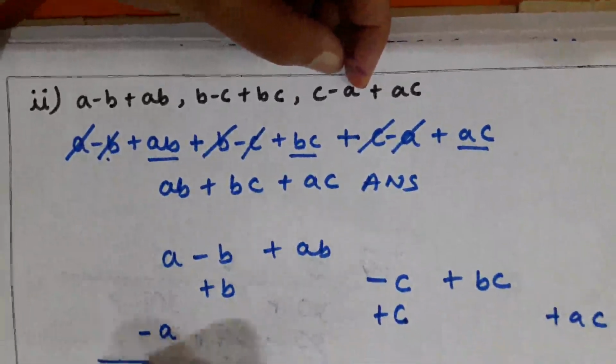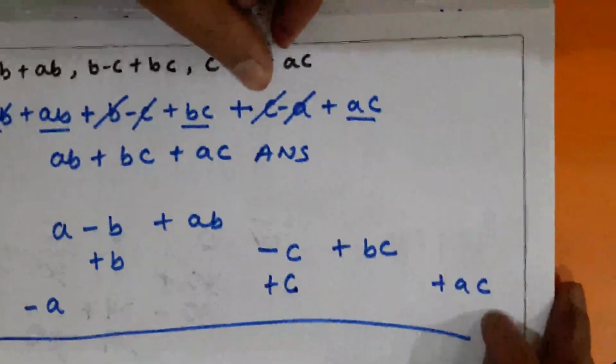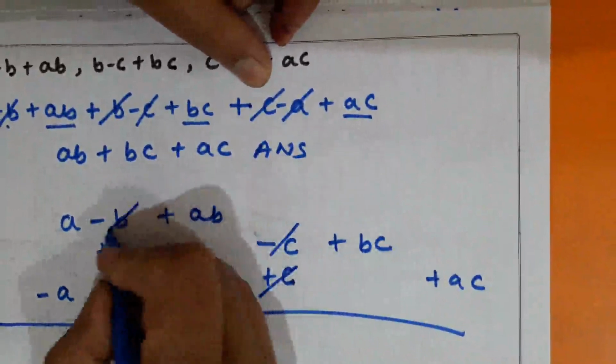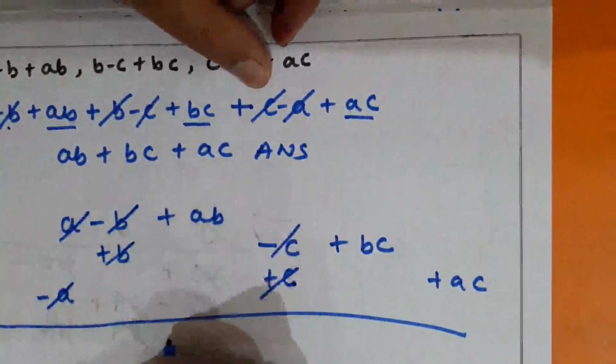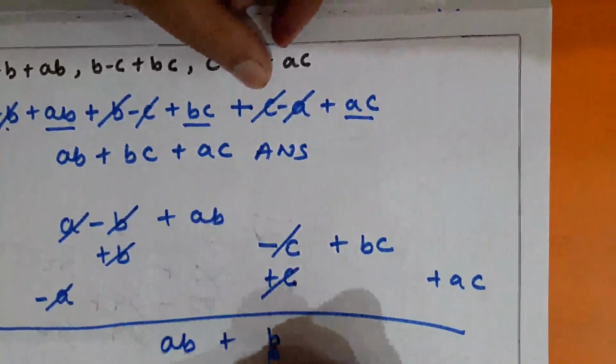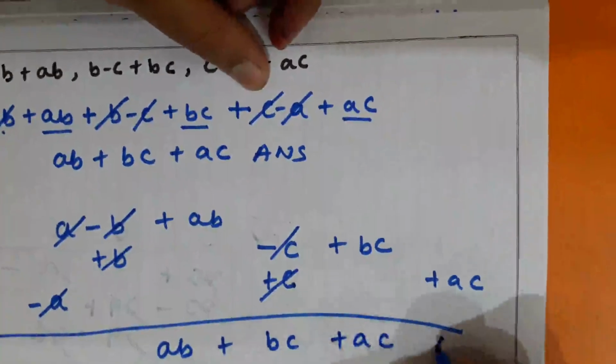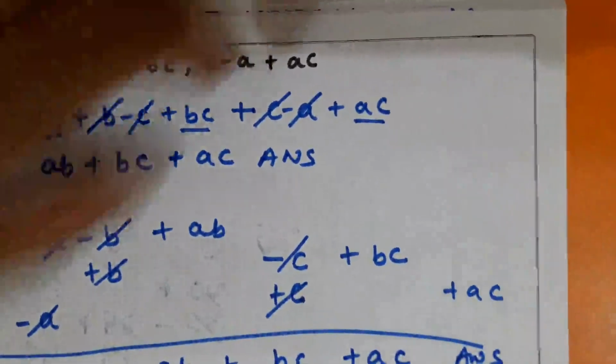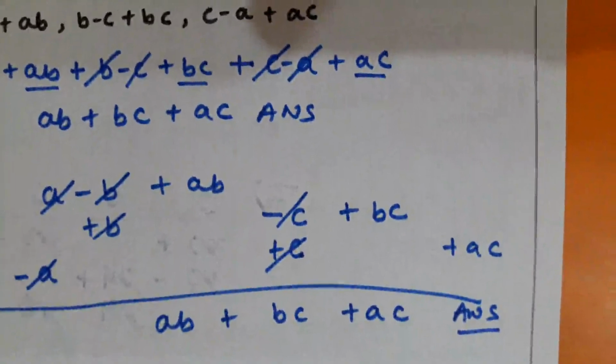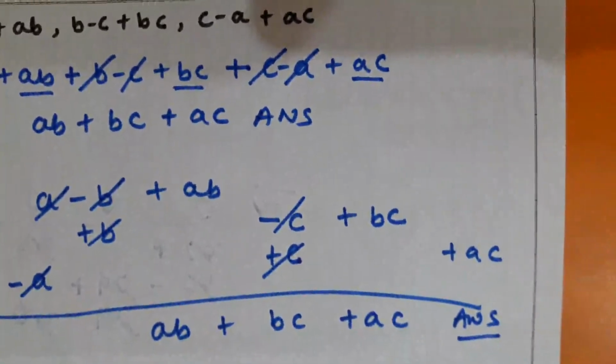AC we will write outside. So these three cancel out each other. So you will remain with AB plus BC plus AC. So both methods are right to solve the above question. Let's move to the next part.